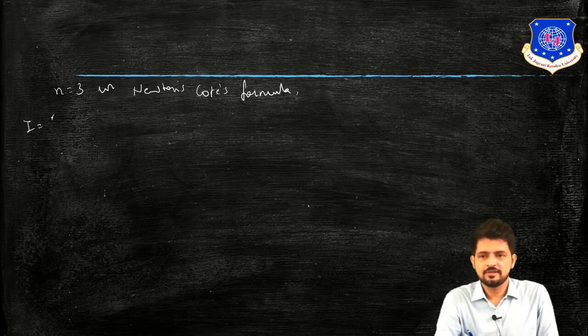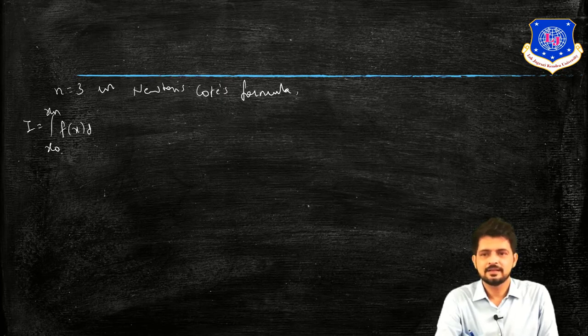Before that, we will first of all write Newton-Cotes formula, the integral from x0 to xn of f of x dx.